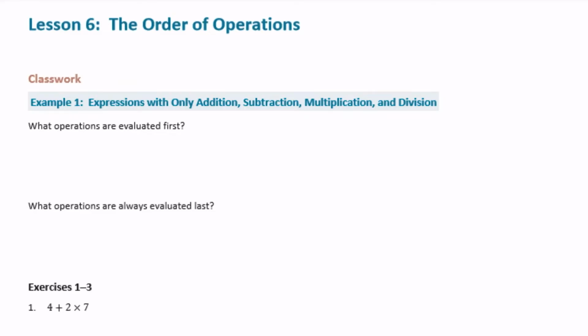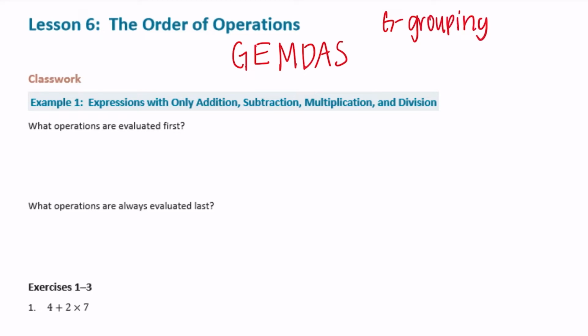And if you remember order of operations from 5th grade, what we used was the acronym GEMDAS. So the G stood for grouping, like parentheses, brackets, and braces. E stood for exponents.